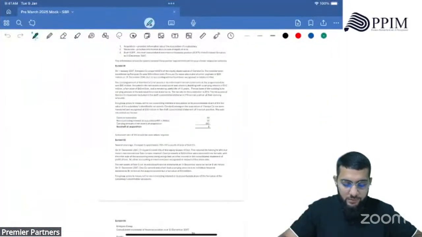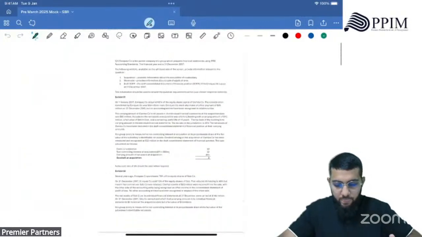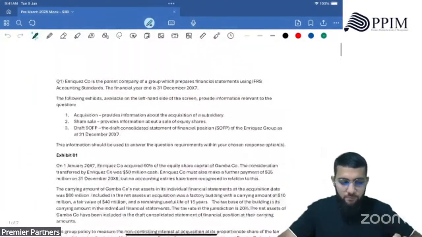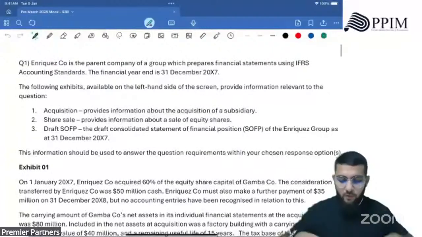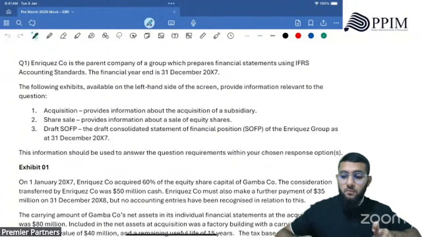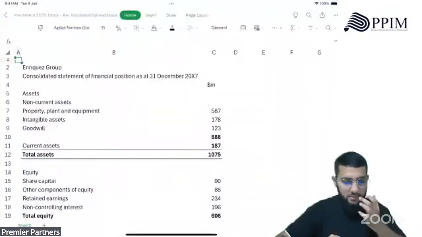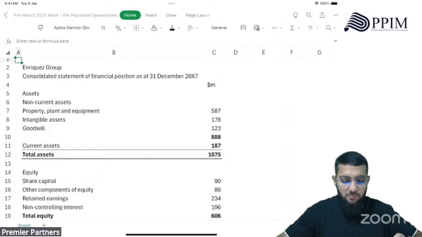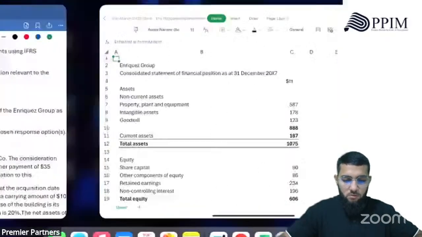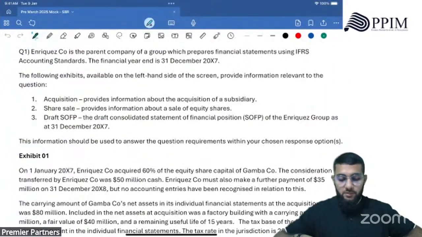All right. That's my Word. And then this is my Excel. Right? This is my pre-populated spreadsheet on my Excel. Okay.